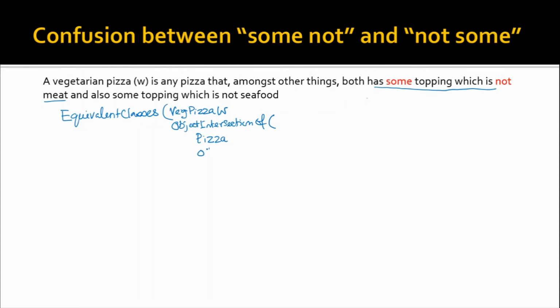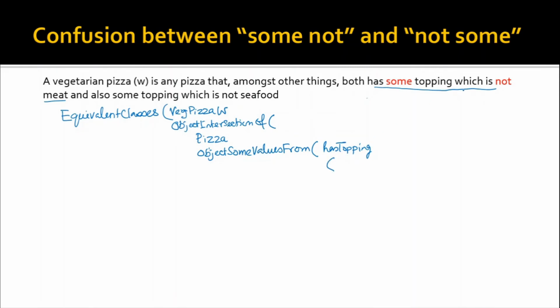Object some values from has topping, and what will be there inside?